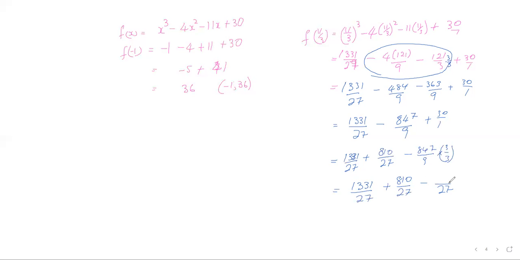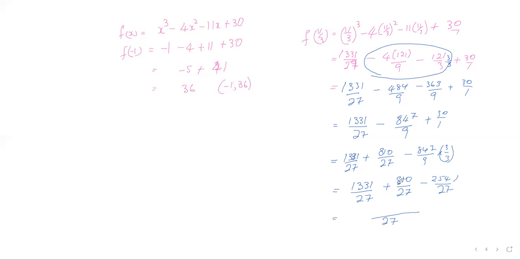You have 847 times 3, 2,541. If we add this up, the same there, we write only 1.